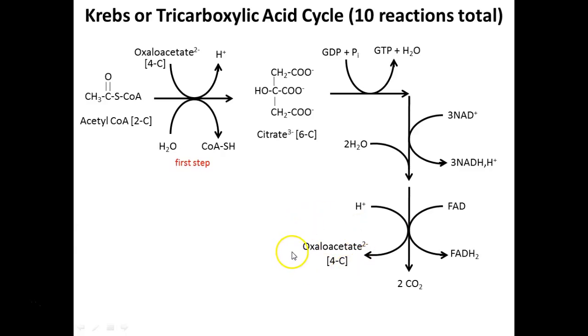Notice the oxaloacetate is regenerated, so this is a cycle. It just keeps going around and around each time an acetyl-CoA is added in. We break down the acetyl into carbon dioxide molecules, and we take electrons. We also generate some GTP, which is very similar to ATP, just with a different nitrogenous base, storing that energy in that third phosphate bond. This is right at the substrate level, at the enzymatic level. We're generating a little bit of energy.